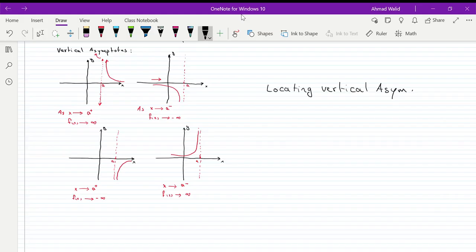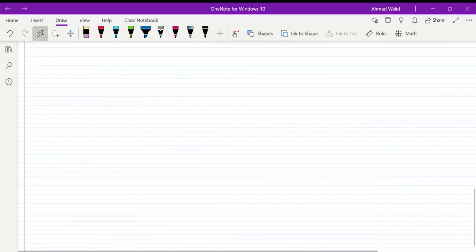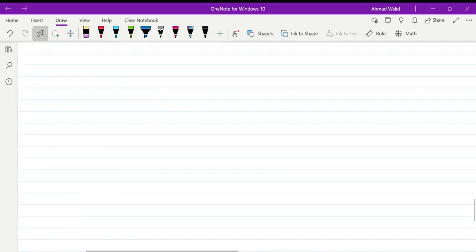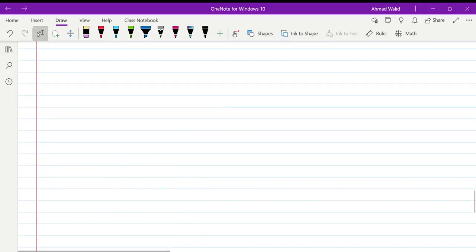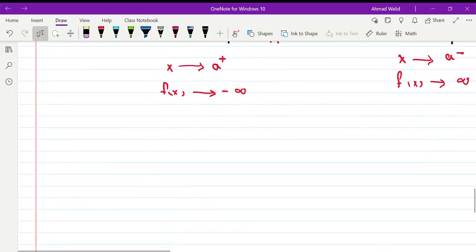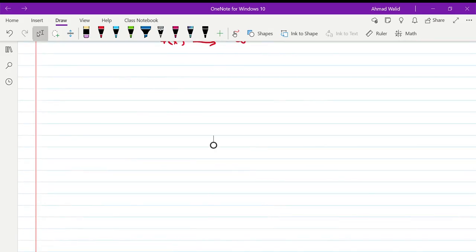Let's do an example. Let me make it a little bit bigger. It's too small. For example, I have a function f of x equals, let me copy from your book, x over x squared minus 9. I have another function.